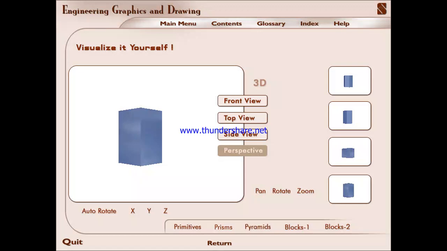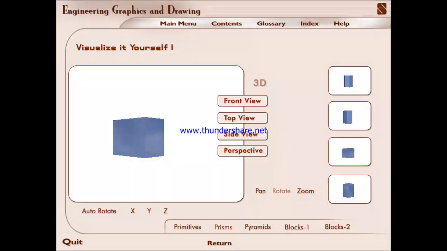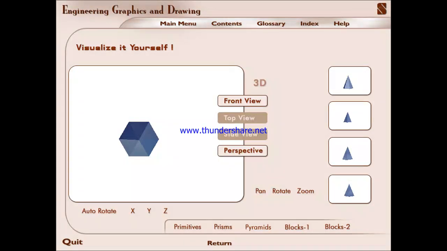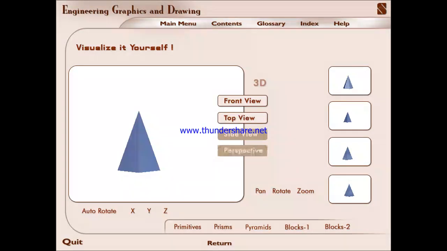Now next, pyramids. In these pyramids, first you have to consider this type of figure, in which front view, top view, side view, perspective view.